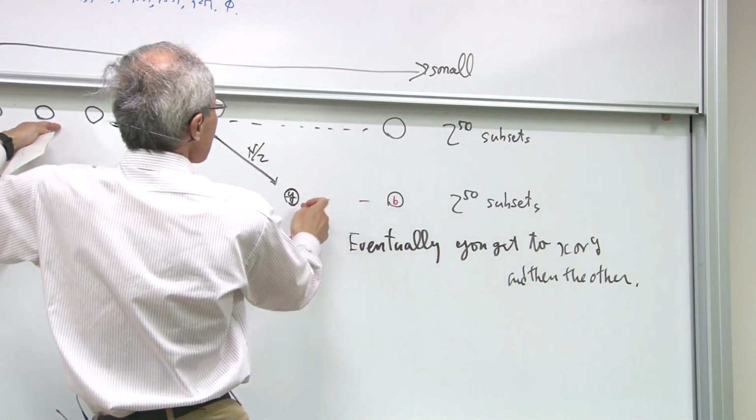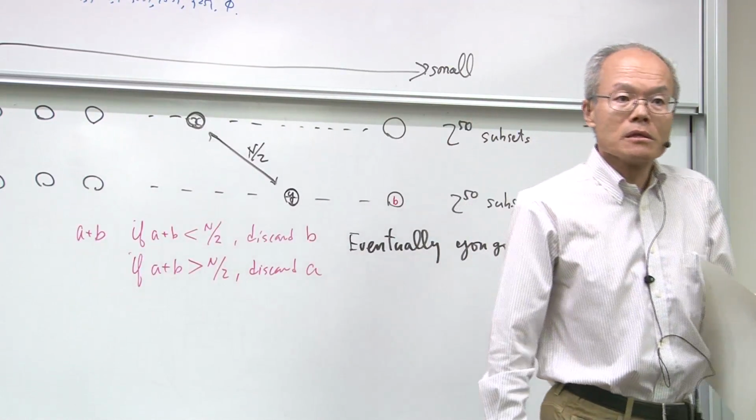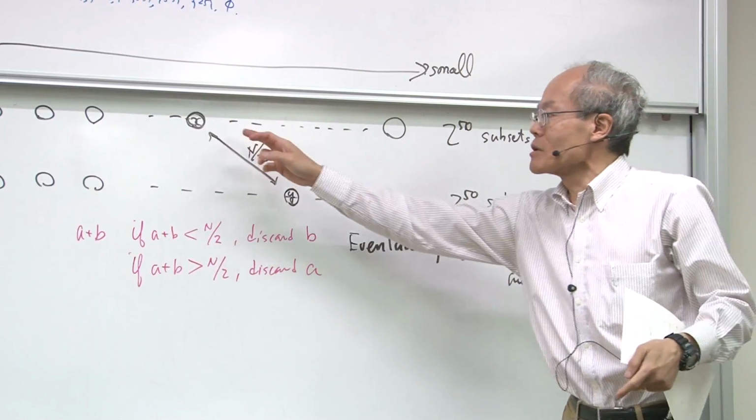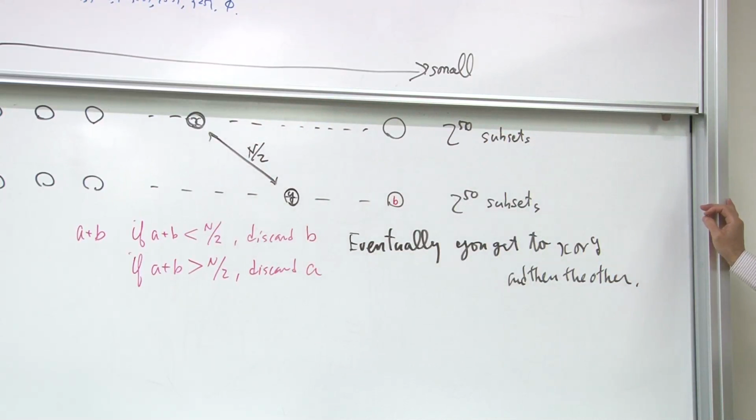Then you eventually get this guy Y or X. After that, you can automatically get to the other one.